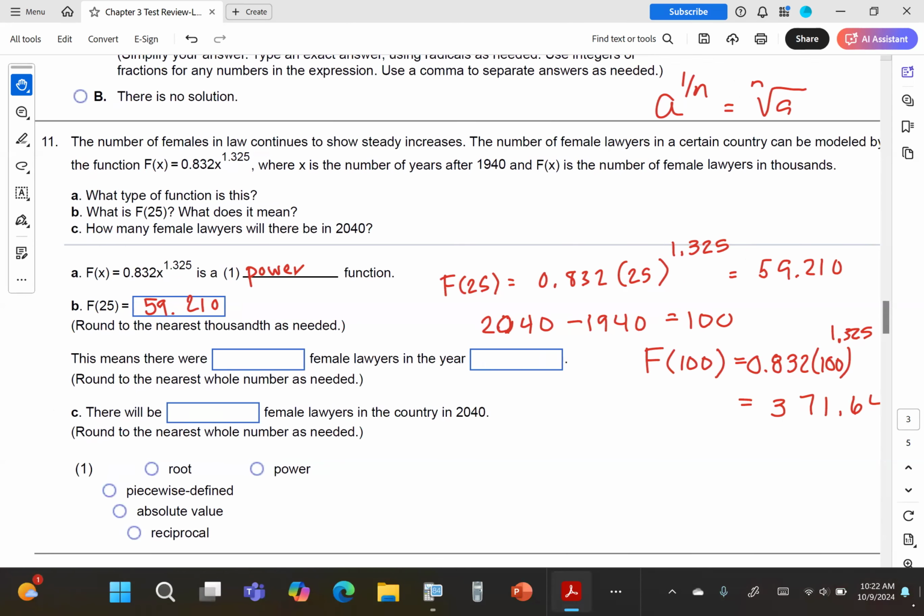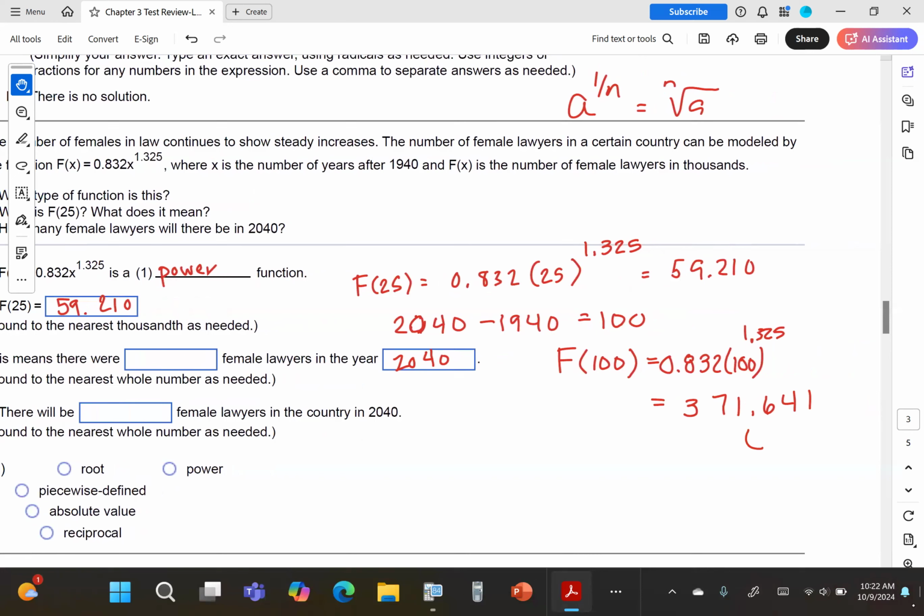Okay, so now we need to figure out how to put this into my lab math without getting it wrong. This means there were how many lawyers in the year 2040? This is in thousands, that's what they told me.